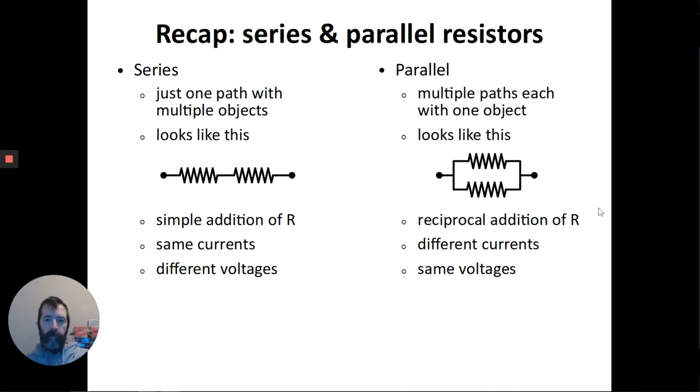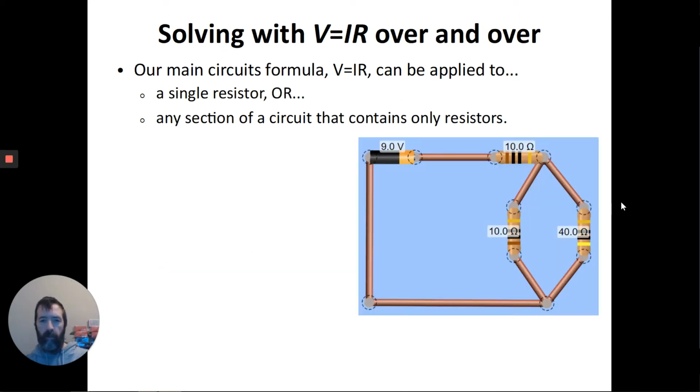All right, so let's look at an example circuit. I'm going to run through this pretty quick because this is similar to what you were doing last week. You can solve a circuit like this by basically using V equals IR over and over again. You can apply it to any single resistor or to any section that contains only resistors, as long as you've figured out what the equivalent resistance is for that section.